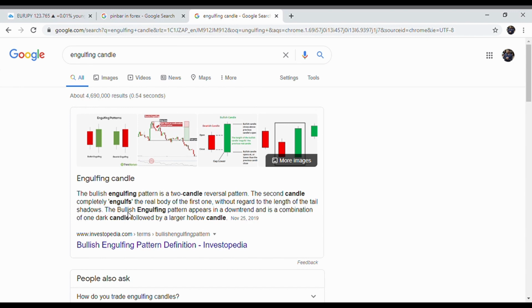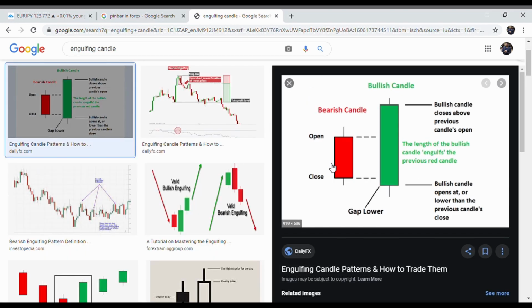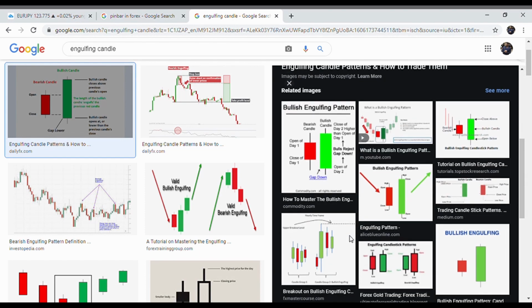The bullish engulfing pattern appears in a downtrend and is a combination of a dark candle followed by a large hollow candle, which basically, if we can speak in an image, is simply saying that the engulfing covers everything the previous candle had to offer, and really just the same thing in reverse.